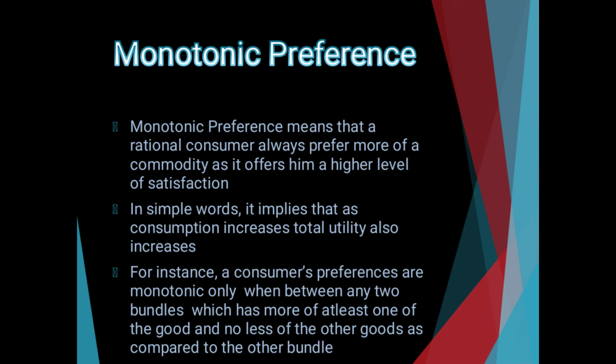For instance, consumer preferences are monotonic when, between two bundles, one has at least one more unit of a good and no less of the other compared to the other bundle. So the consumer prefers the monotonic good, and because of this he always prefers more of a commodity as it offers a higher level of satisfaction.